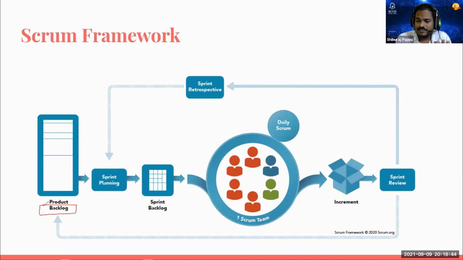After the sprint planning is over, every day in the morning for 15 minutes, there is something called a daily scrum meeting, right? In this scrum meeting they will decide कि आज मुझे क्या करना है और कल मैंने क्या किया था, right? This is done, and after that they start working on the project.